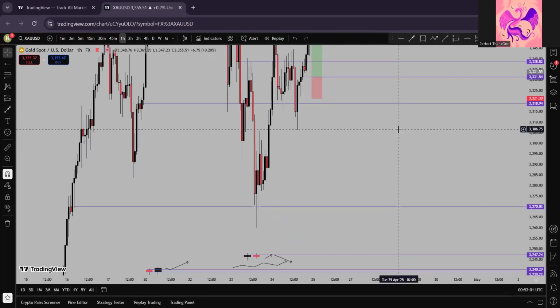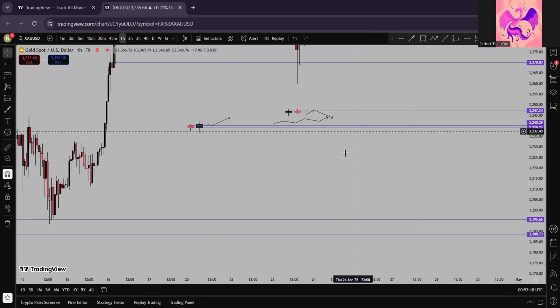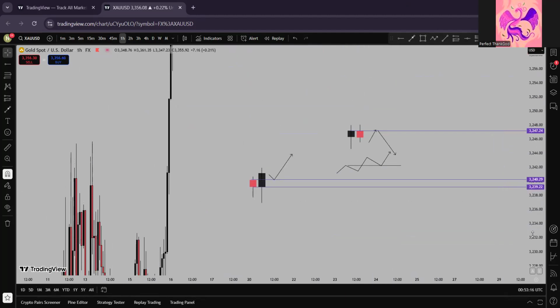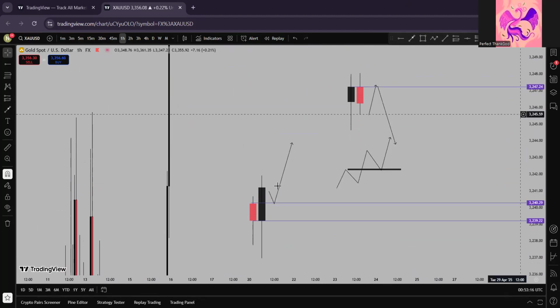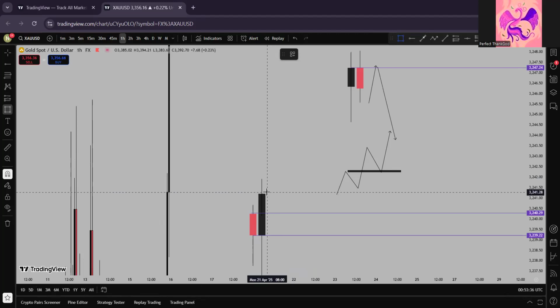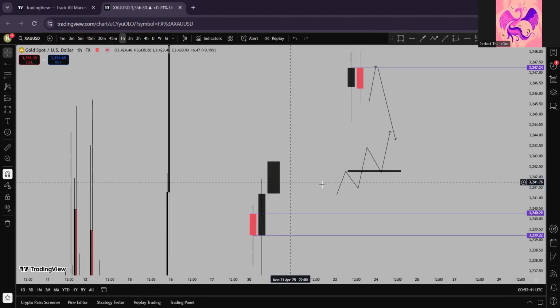I have another one that I take, something like this. Okay, let me go back to the candles I drew. So now I have another one like this.